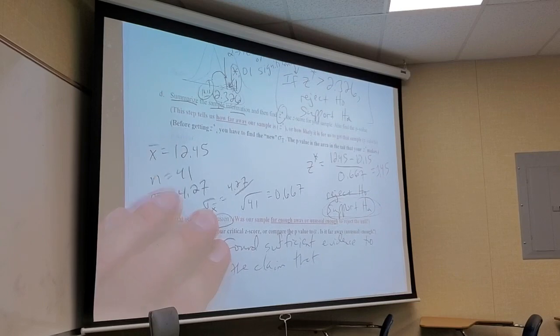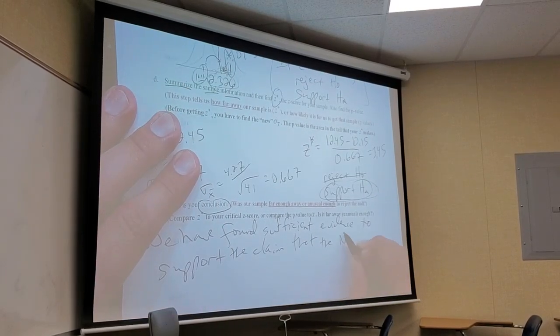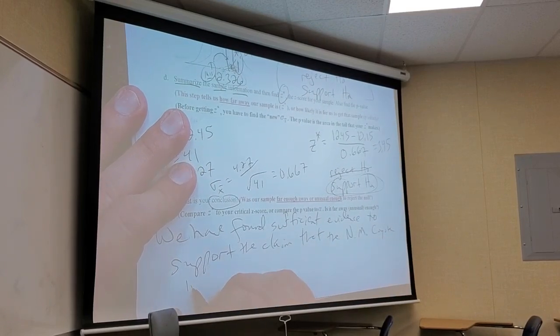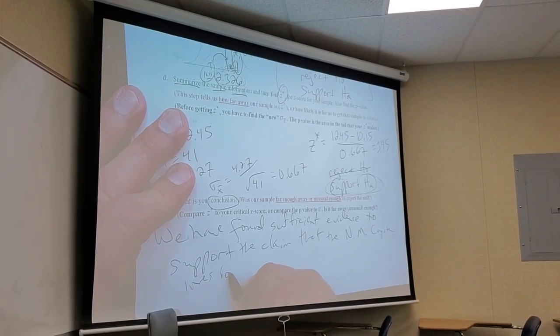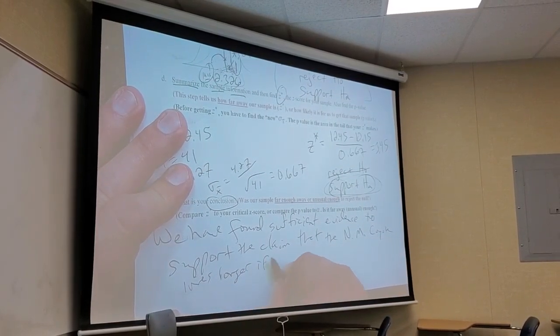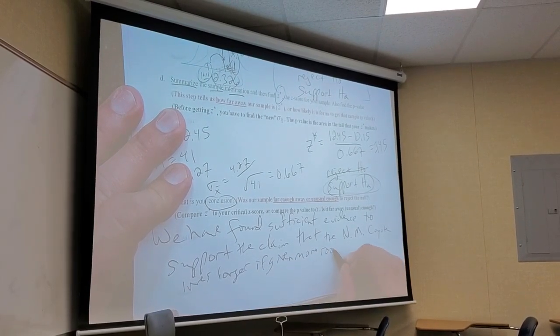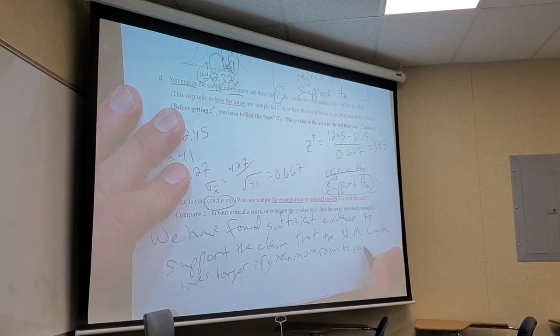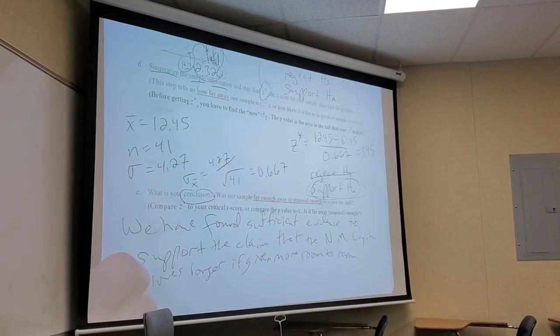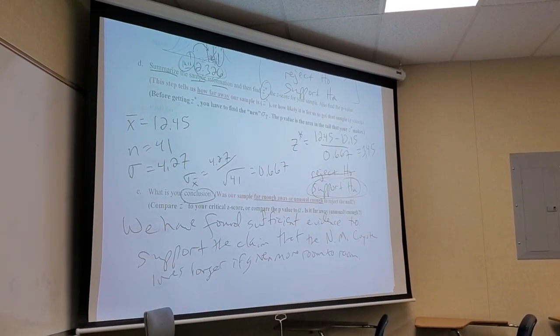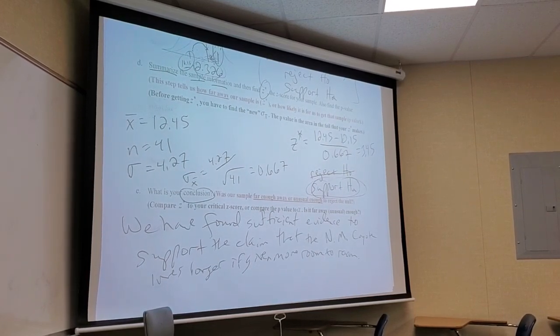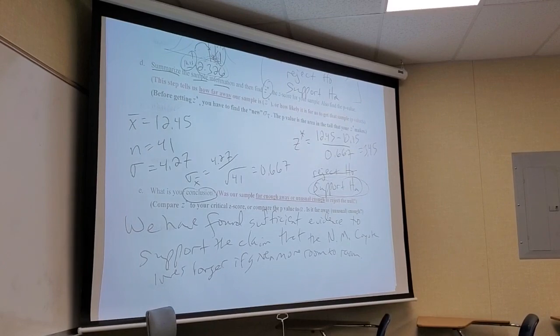Oh my God. That the northern Minnesota coyote lives longer if given more room to roam. Okay, that's all I can say. Again, you generally don't plagiarize, but in this case, the conclusion has got to address the claim directly. So then you can just go write down what the claim was.